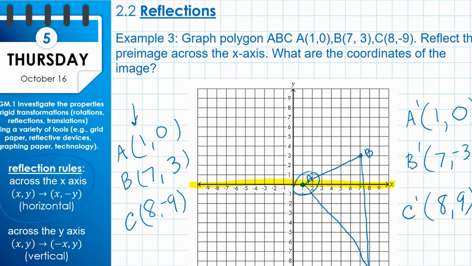When I plot these points, 1, 0, A prime stays the same. B prime is at positive 7, negative 3.